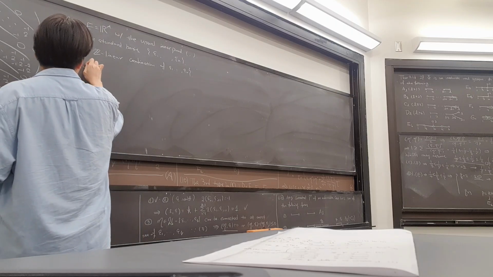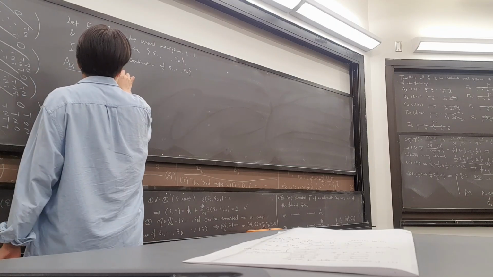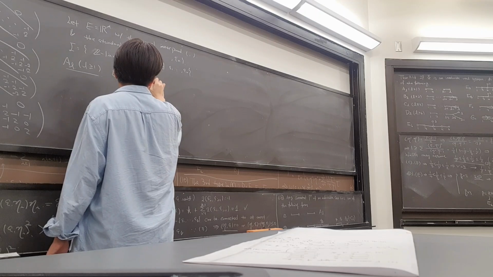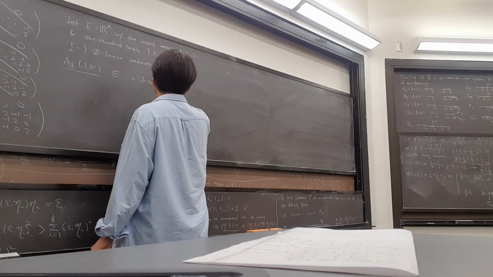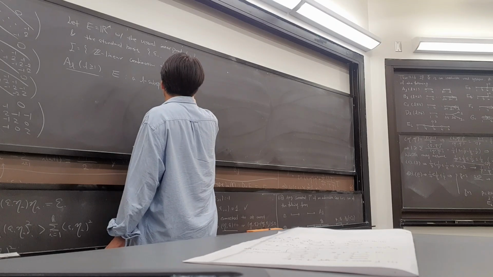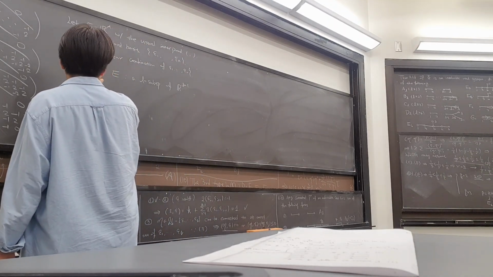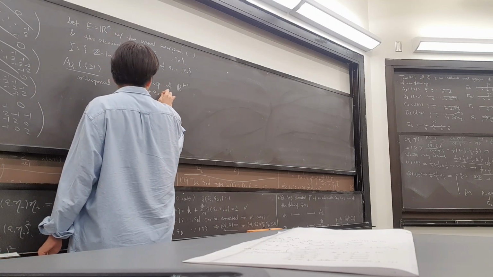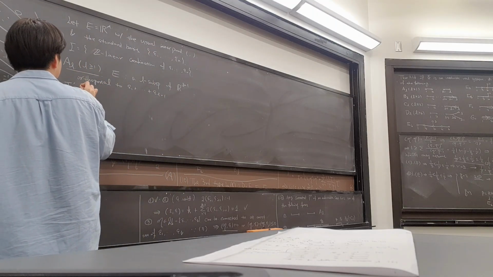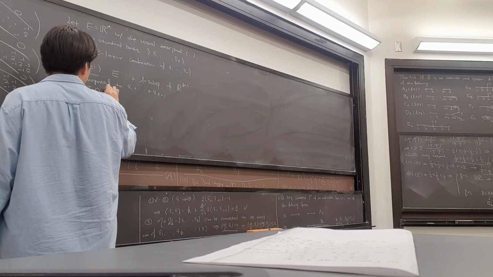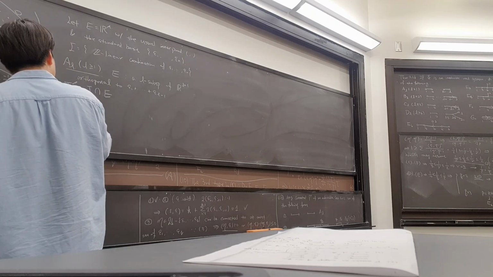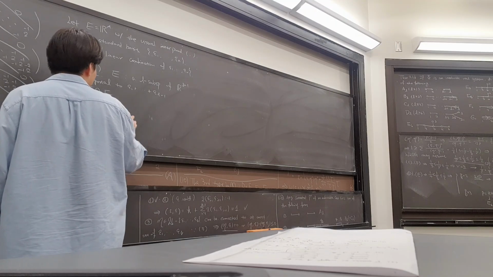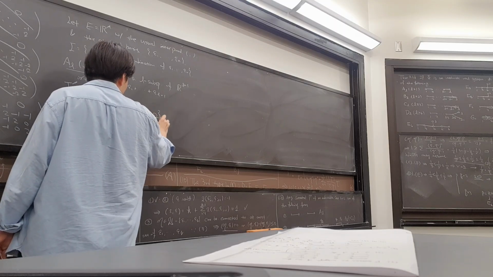And construct the AL case. In this case, I want to let E be the L-dimensional subspace of R to the L plus 1 orthogonal to epsilon 1 plus epsilon L plus 1, and define I prime as I intersected with E. Then we can find Pi as the subset of I prime such that the length of alpha is 2.